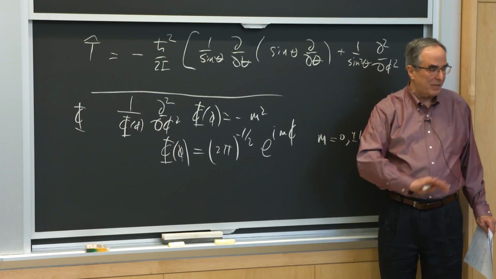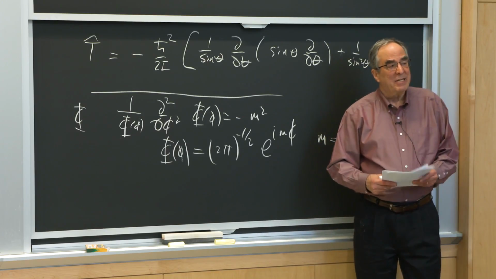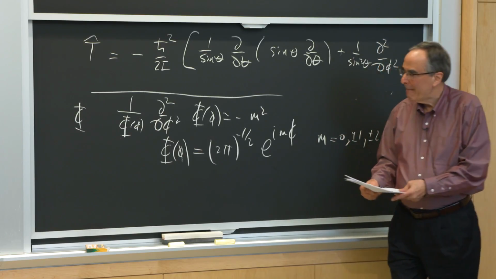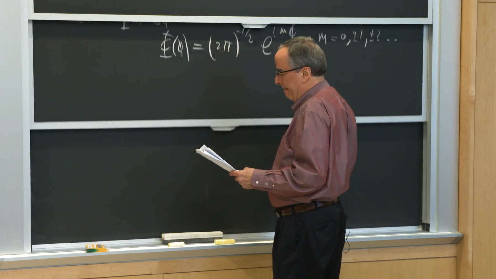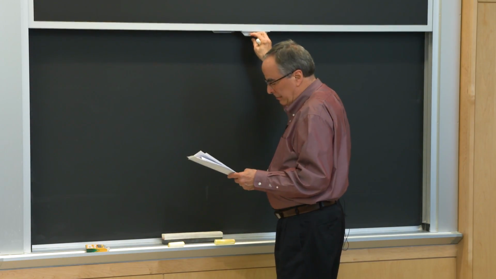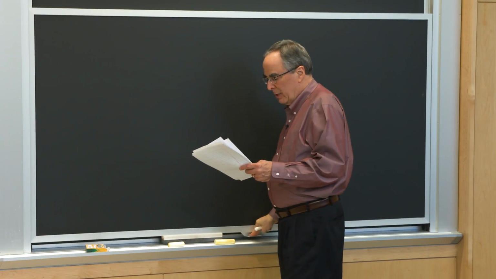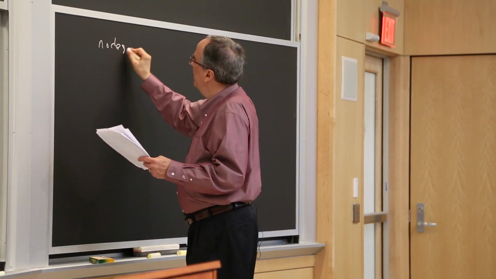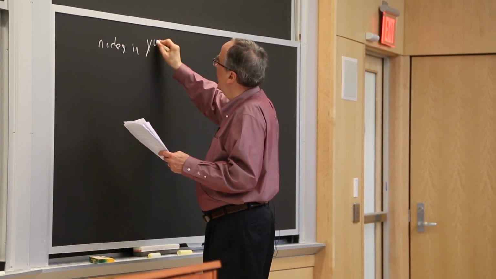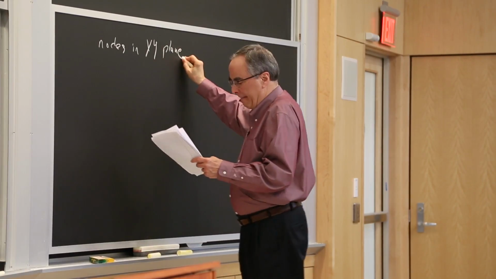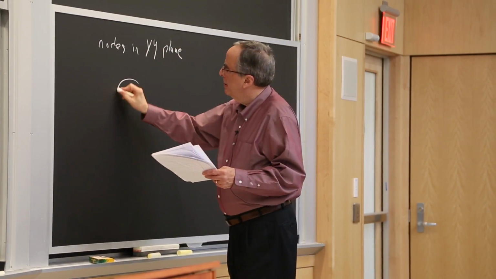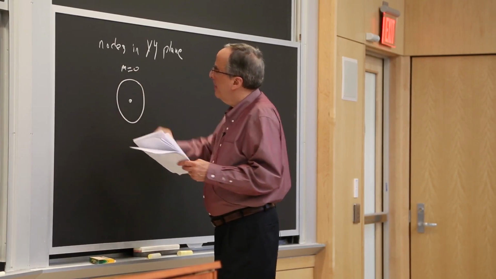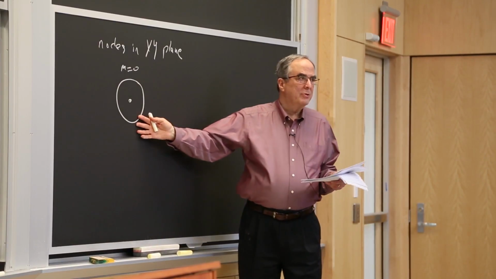We understand that perfectly. And one of the nice things about the vector model is mostly that's what you're focused on. So immediately, we can draw some pictures, and we can look at the nodes in the x, y plane. For m equals 0, there are no nodes.